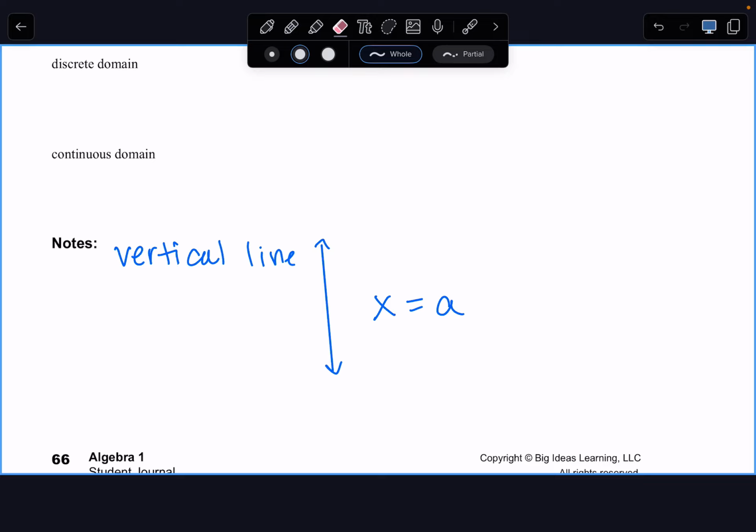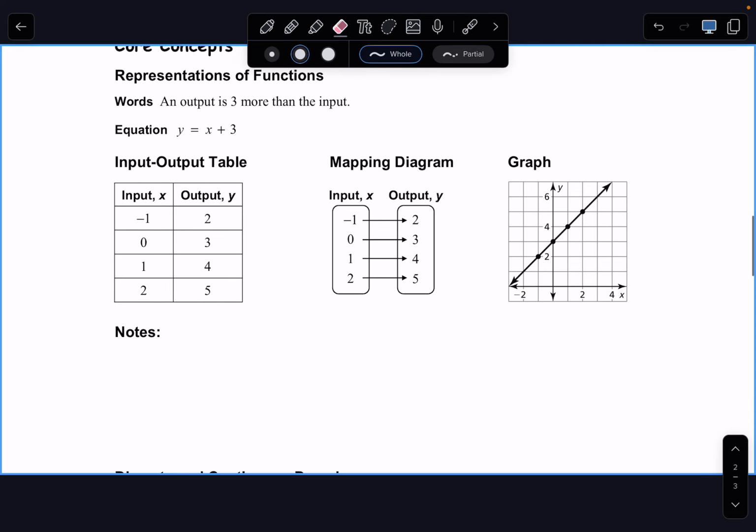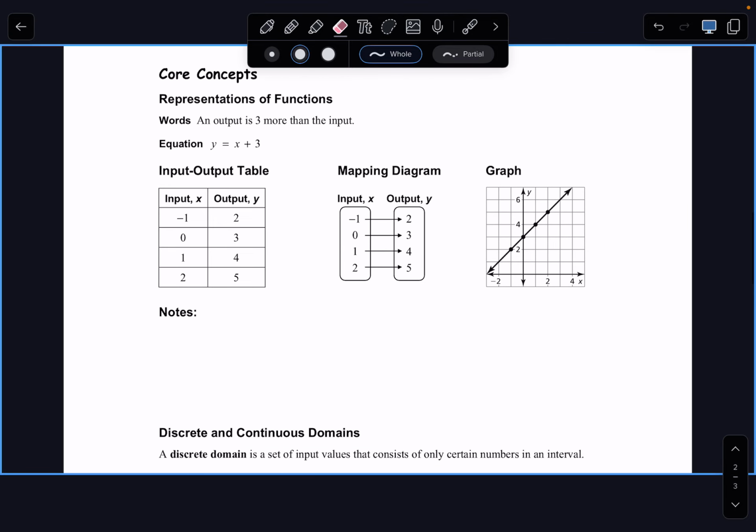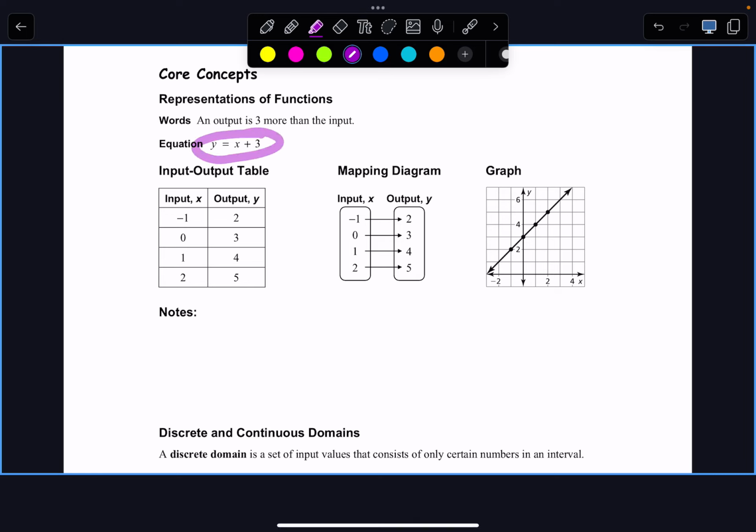Okay, so when we go to the next page, we have one relation that's represented in a bunch of different ways. So when we look at this equation right here, I notice that y and x have exponents of 1.